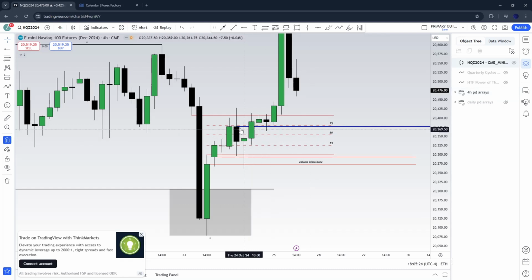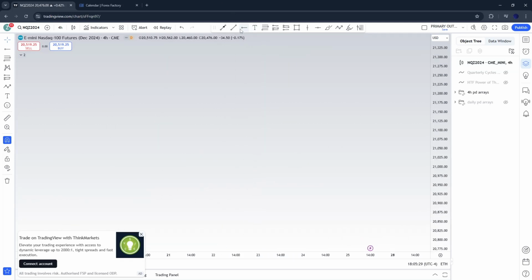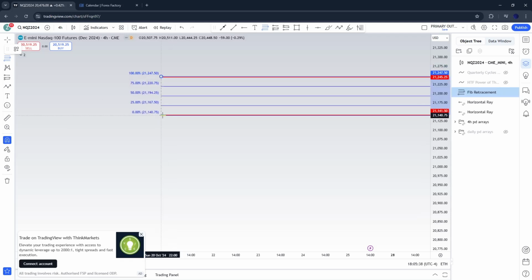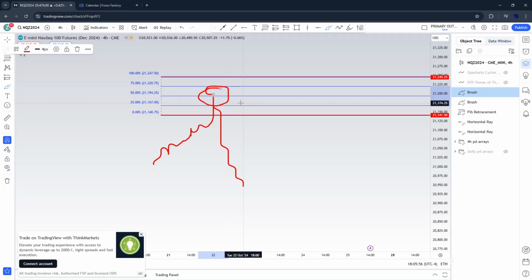Usually when you're looking for price to be bearish and you have, let's say, a fair value gap, we'll imagine that this is a fair value gap. If you grade that fair value gap, what you generally want to see, if we're expecting price to trade up into it and then reverse, is price reversing at that 50% or below it.